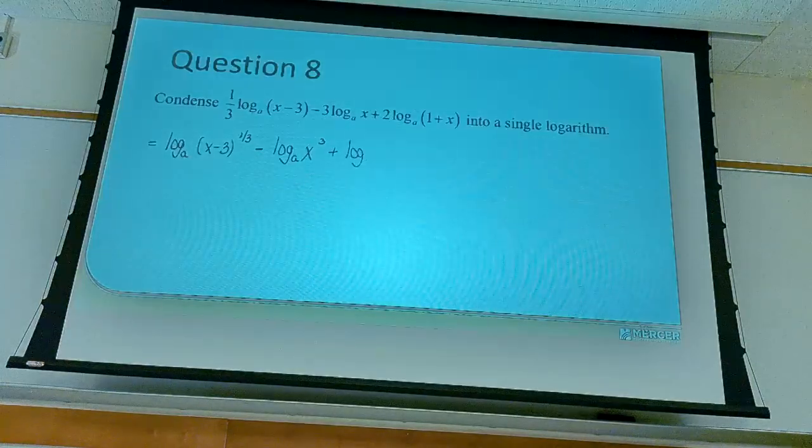Maybe plus log of 1 to the second power. And then you have a quotient or the product. So again, how you proceed from here doesn't matter.